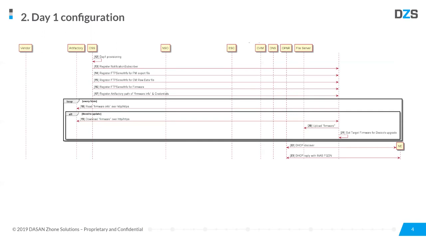So based on that information, the INAS will download the firmware. That is described in steps 18 and 19. So steps 13 to 17 are the day one configuration from OSS. And based on this information, the PMP of the flow switch is ready to start.